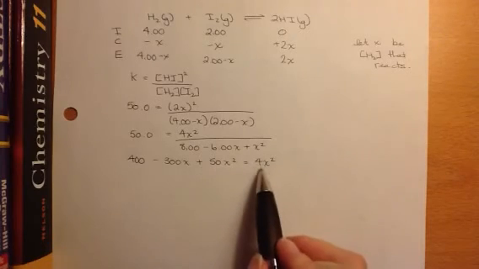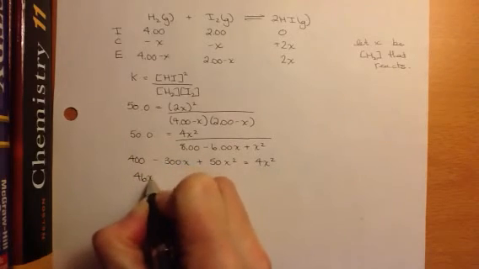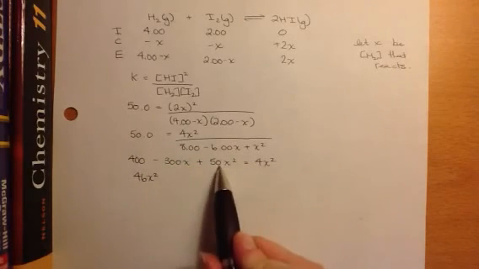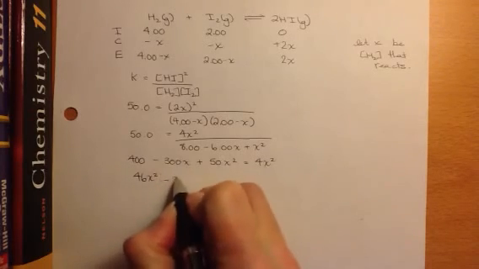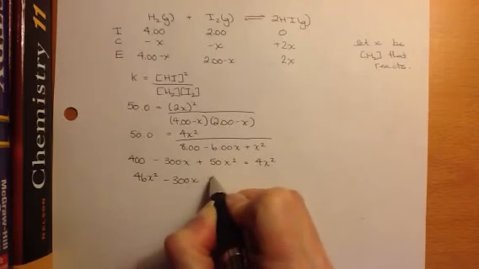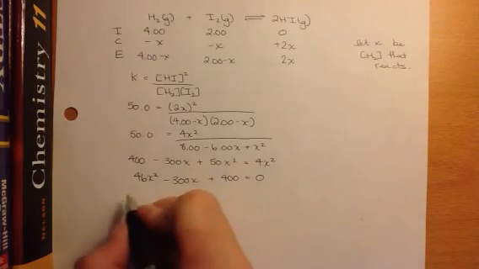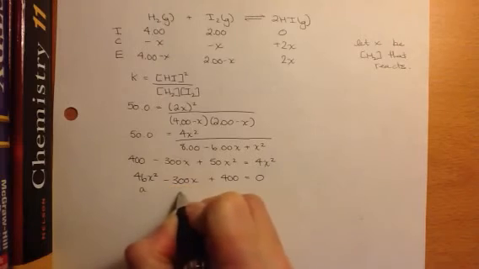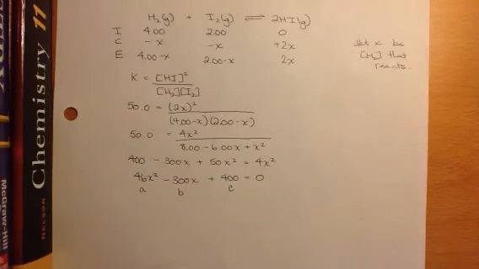We're going to have to subtract 4x on both sides. So that will give us 46x squared, because when you subtract 4 from 50, you get 46. Minus 300x remains unchanged and the 400 remains unchanged, and that is equal to 0. So our a value is 46, our b value is minus 300, and our c value is 400.